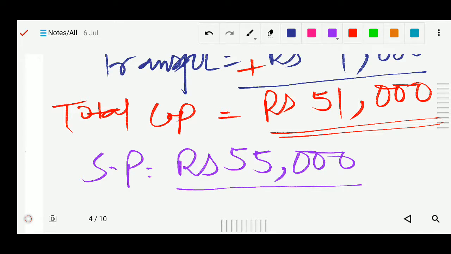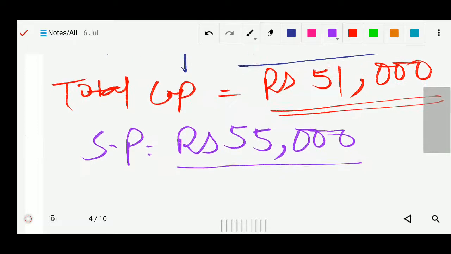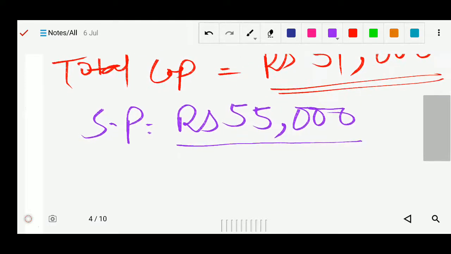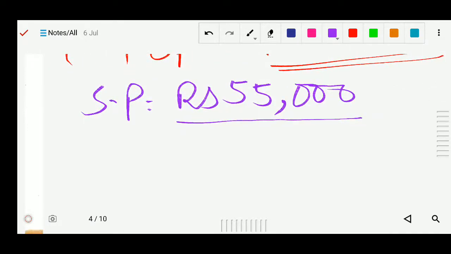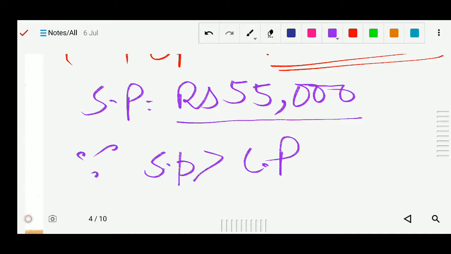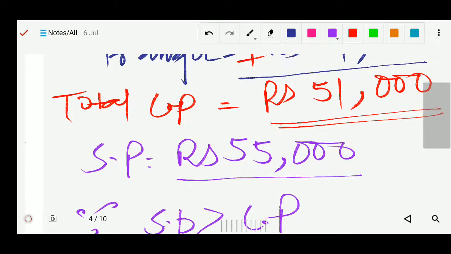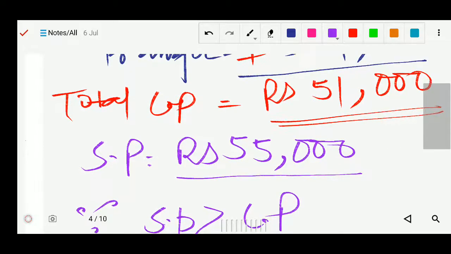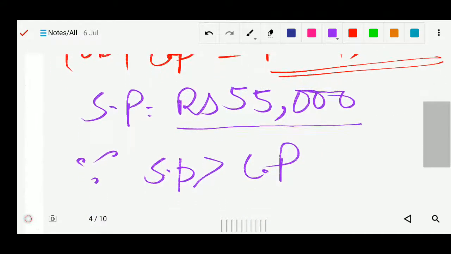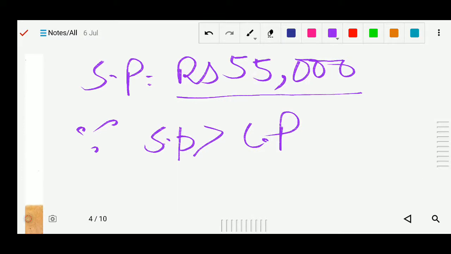Now you can see SP is greater than CP. The value of SP is 55,000 and the value of CP is 51,000, so SP is greater than CP.